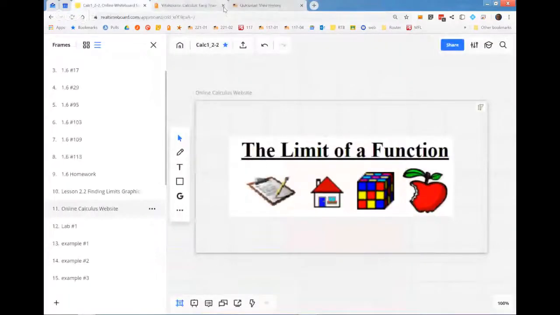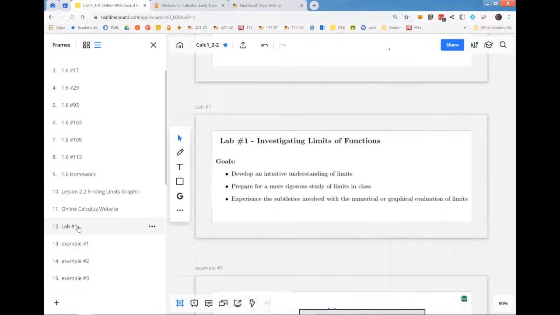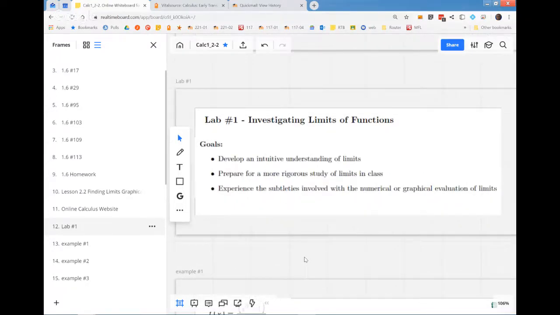Okay, so this is called in the schedule Lab 1, Investigating Limits of Functions. You see how we have 3 things there? To try to get a feel for what limits are, an intuitive understanding.